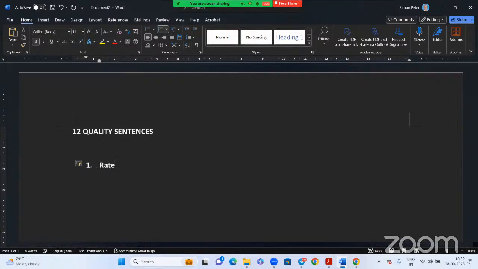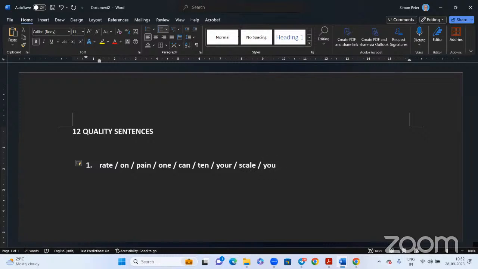Rate on pain 1 can 10 your scale you a of 2.